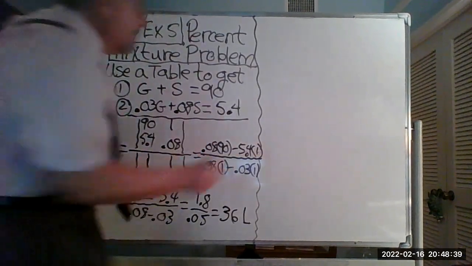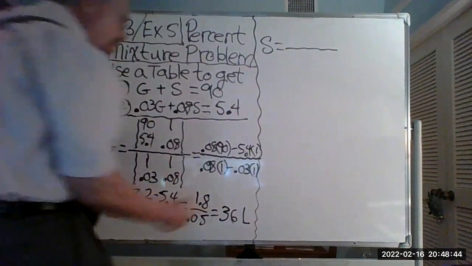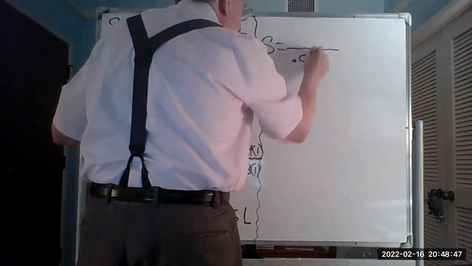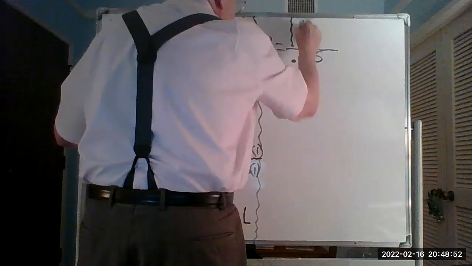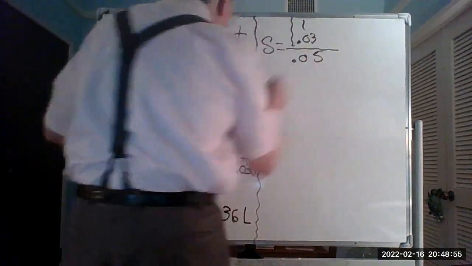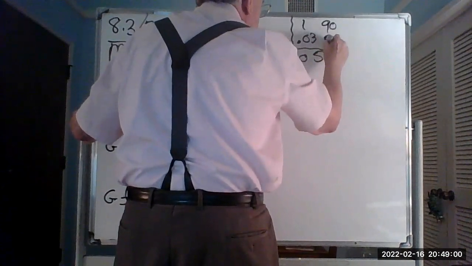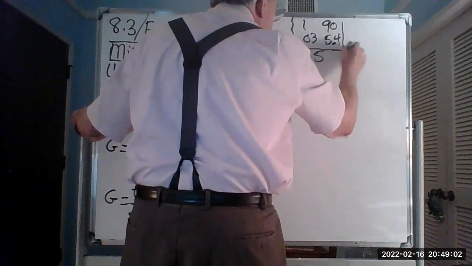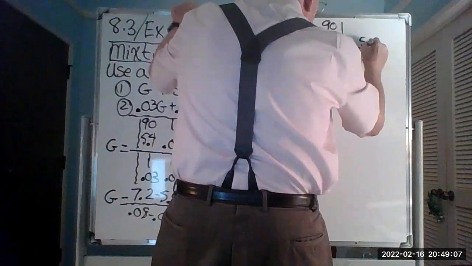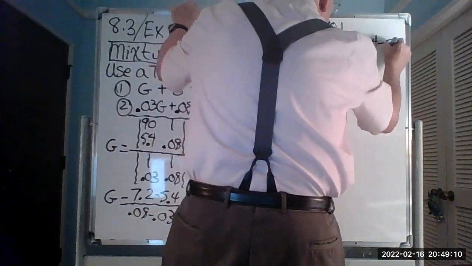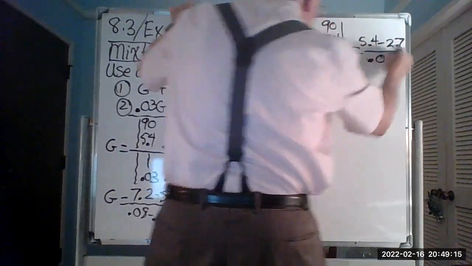To get the S, the denominator is 0.05, and the numerator is going to be 0.03 and 5.4. Okay, so going over here, I'll have 5.4 minus 2.7 all over 0.05.